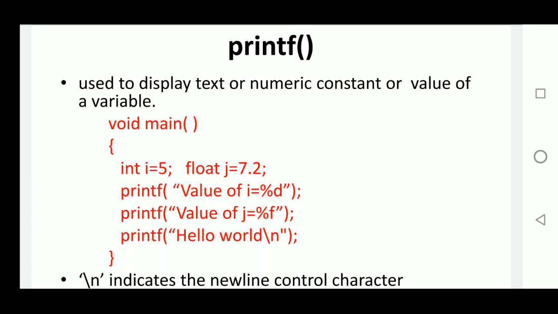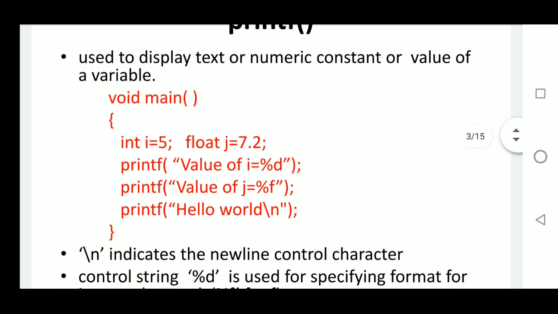Here a small set of commands is given. void main is the main function, curly bracket, int i = 5. An integer type variable is defined here; the name of the variable is i and the value of the variable is 5. Next is a float type variable; the name of the variable is j and the value is 7.2.